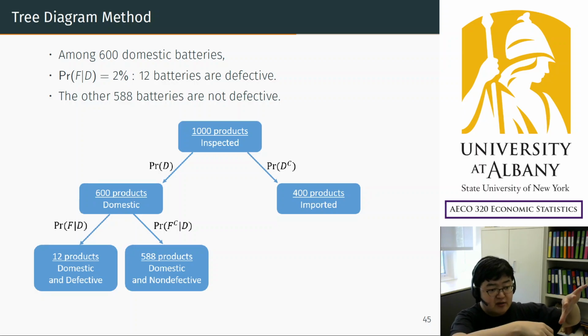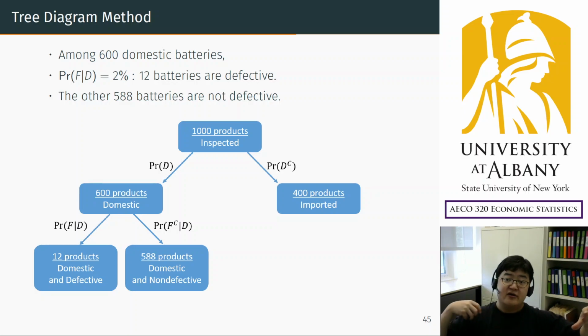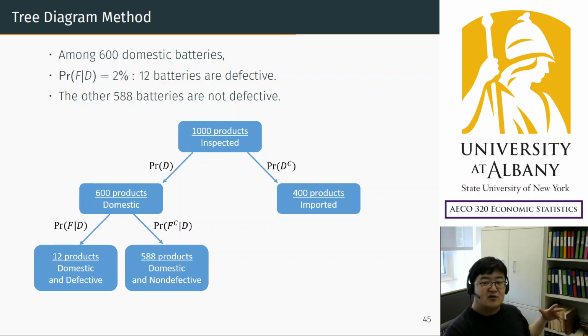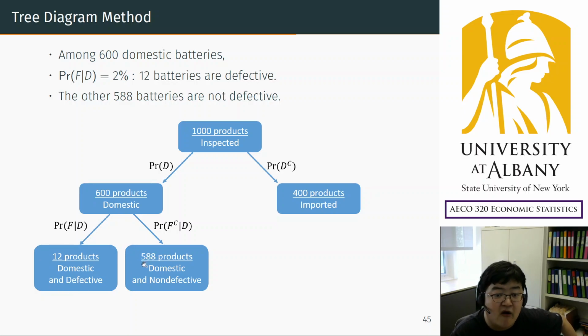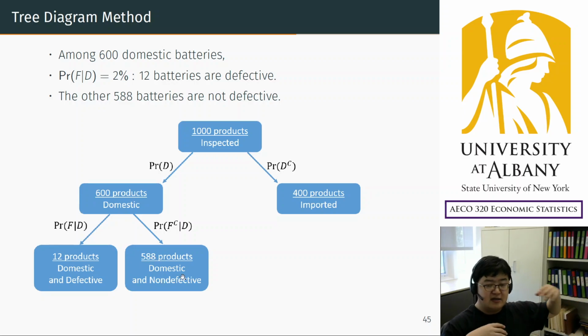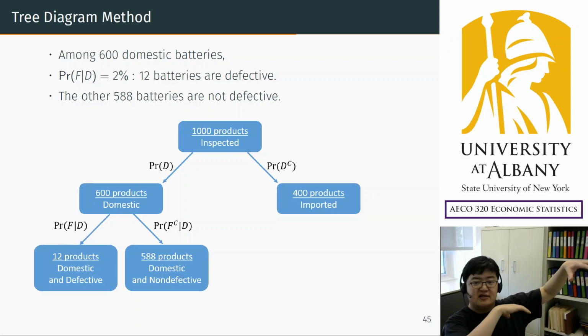So you can pull out 12 defective batteries from the pile and make another pile. So 600 domestic batteries can be divided again into 12 defective batteries and the other 588 non-defective batteries, right? So we have two piles in the end on this side.